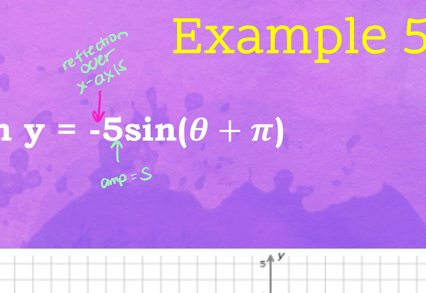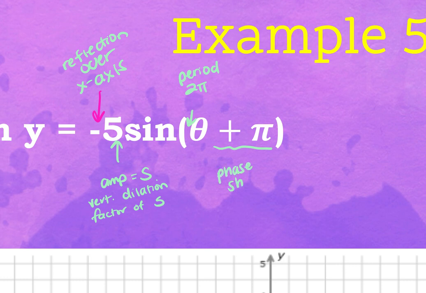It's a vertical dilation by a factor of 5. B is 1, so I know my period is our normal period, which is 2 pi. And because there's something added or subtracted inside the parentheses, there is a phase shift or a horizontal shift.